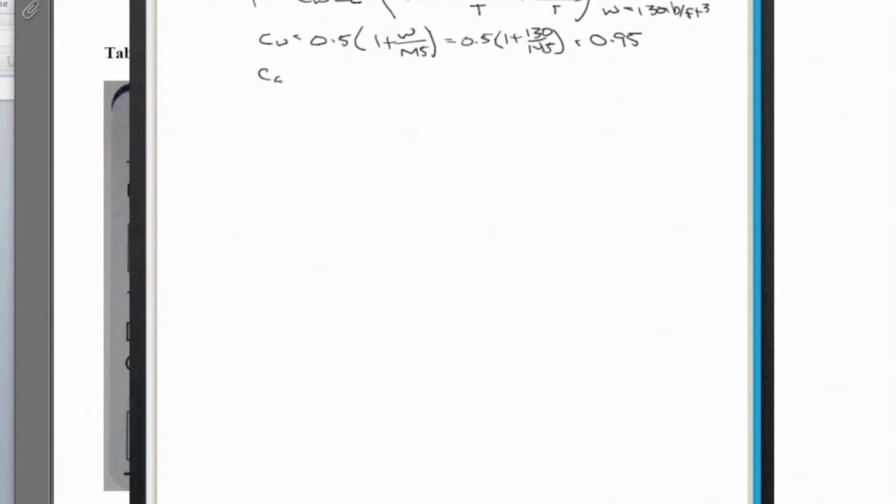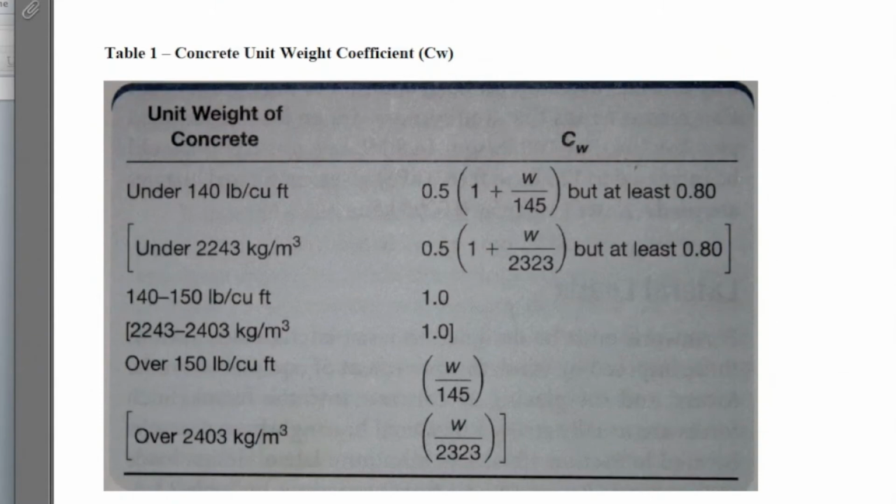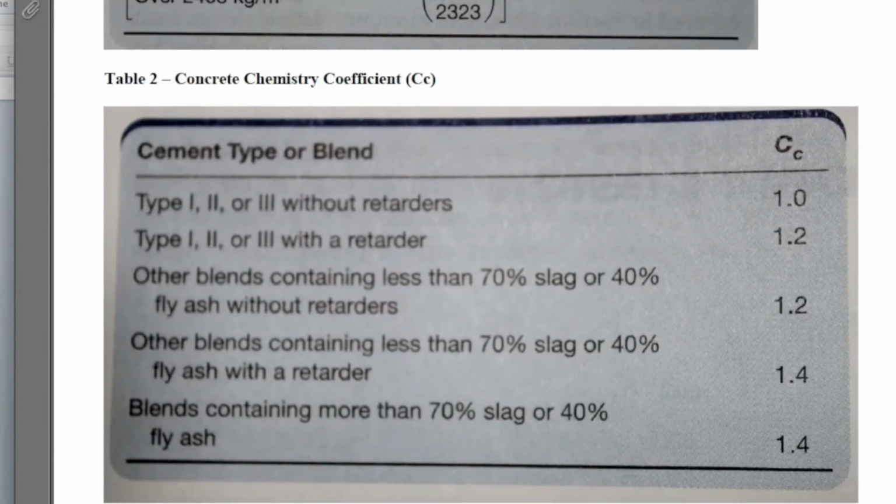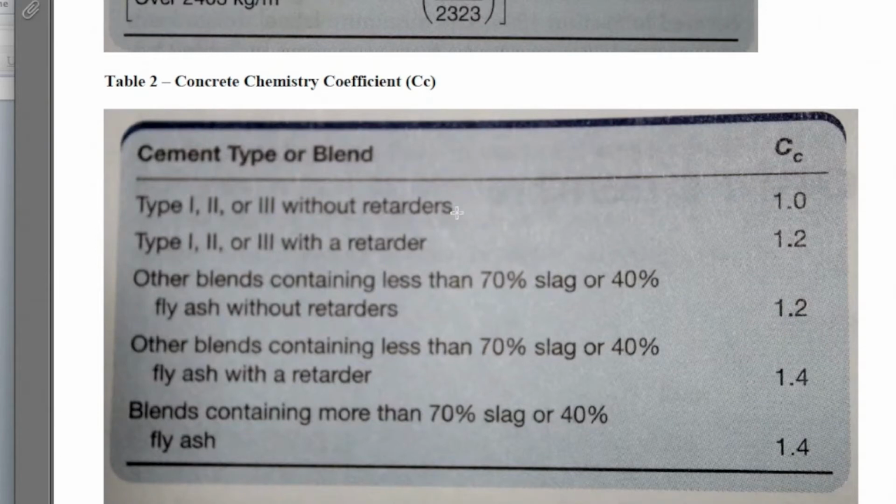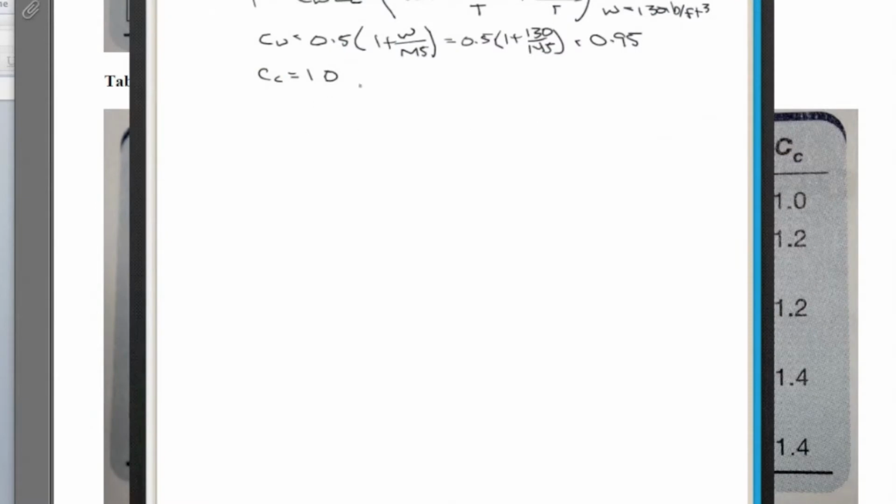Okay, then C sub C, so that was the weight factor. Here's the chemistry factor here. It's 1.0. We get that from the next chart down, which is C sub C. Type 1, 2, or 3 without retarders is 1.0. So 1.0.